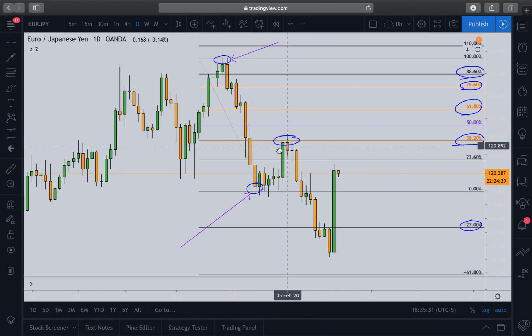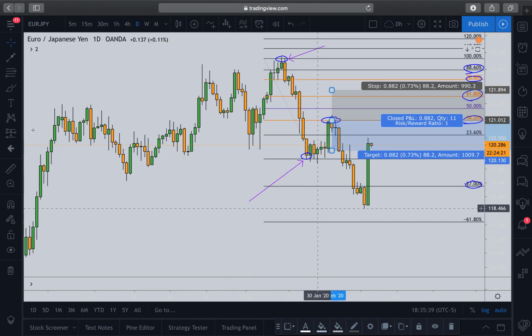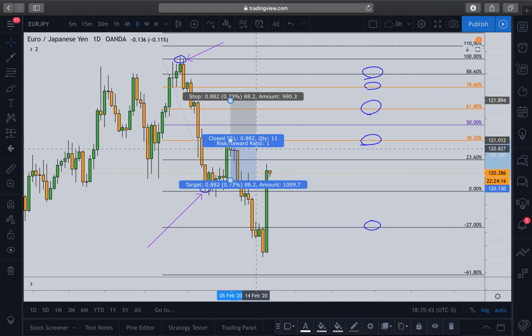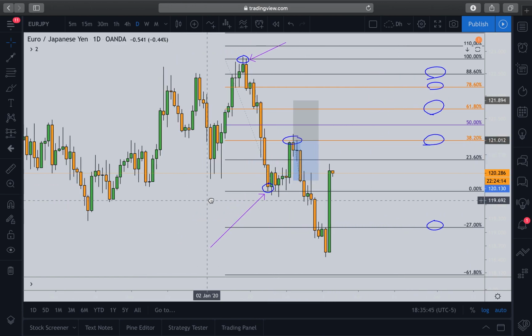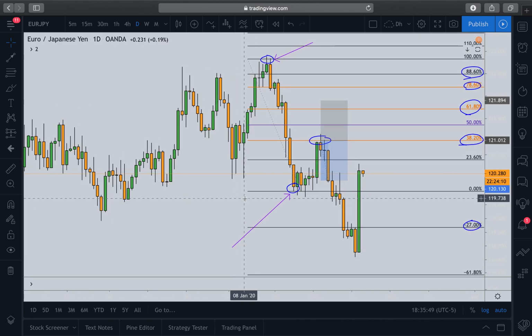So as always, let's take out a short position, right? Because we got a 38.2 rejection. Let's bring this in some. I don't know why that went out so far. All right, cool.